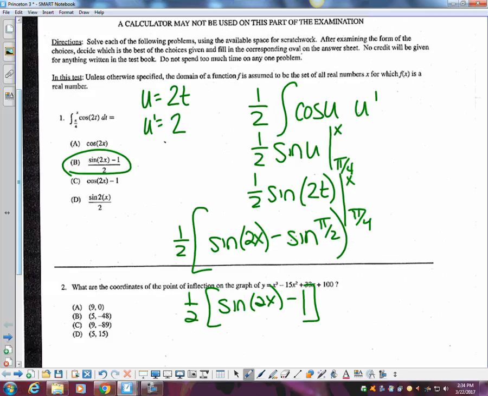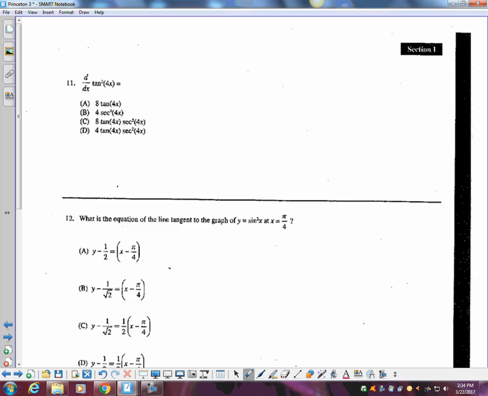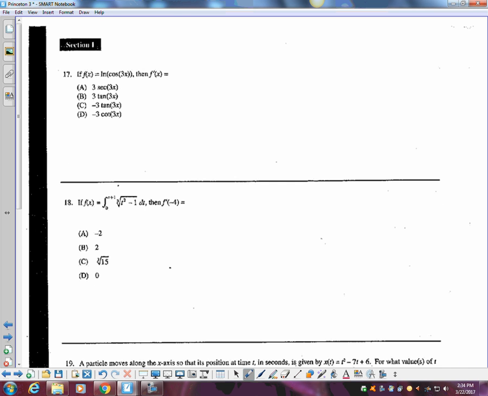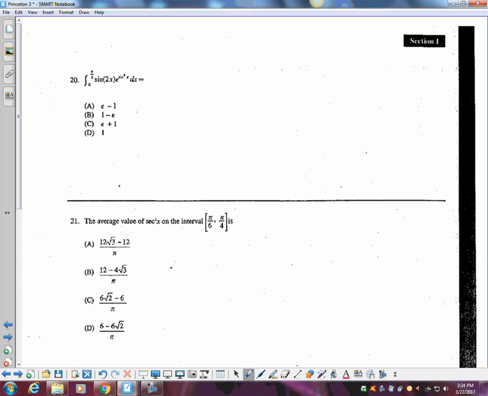Okay, headed to number 20. I cannot read this little print, so I'm going to rewrite it.